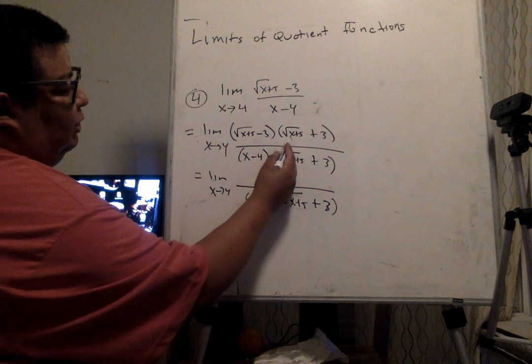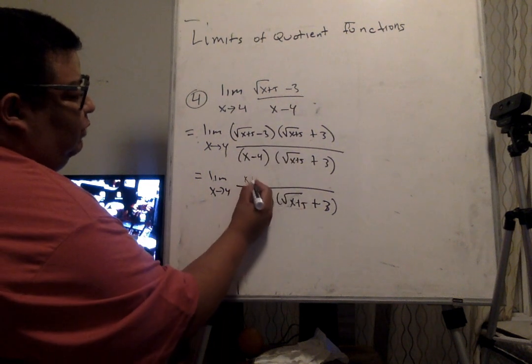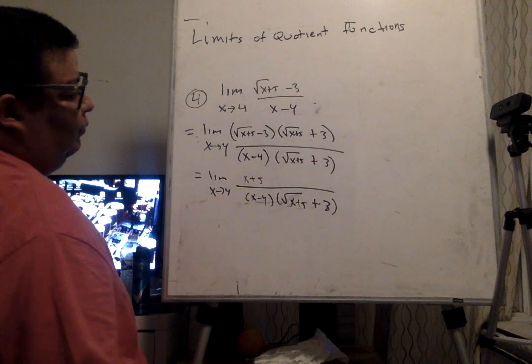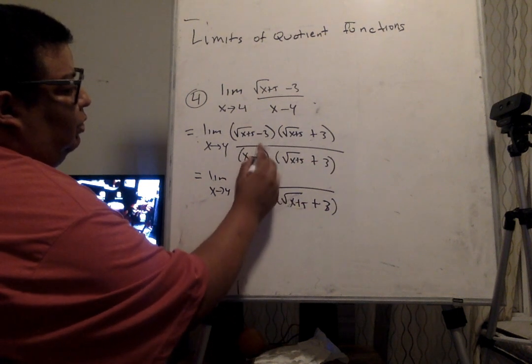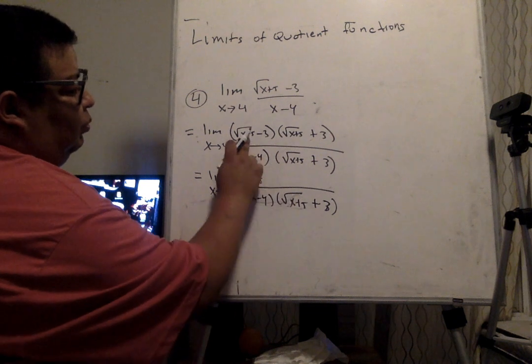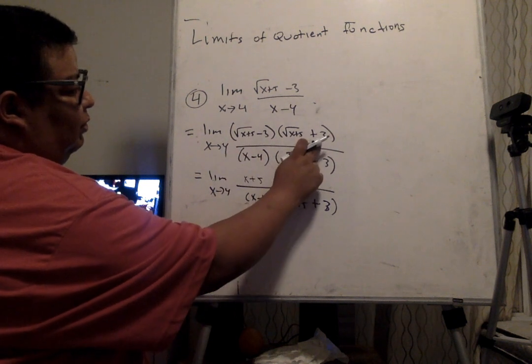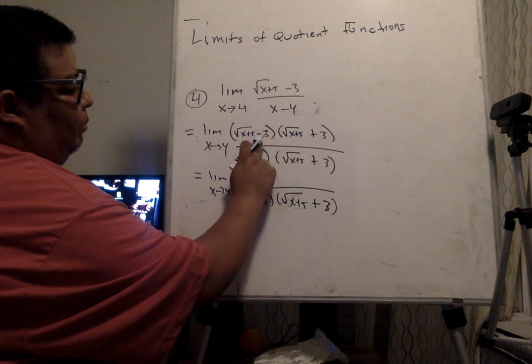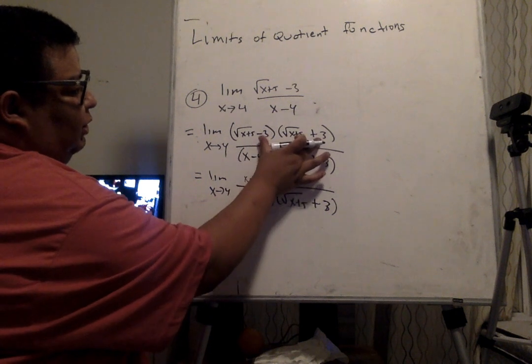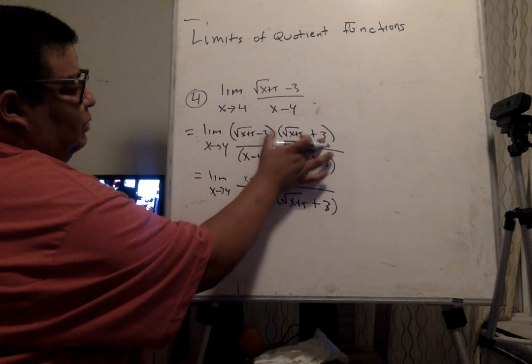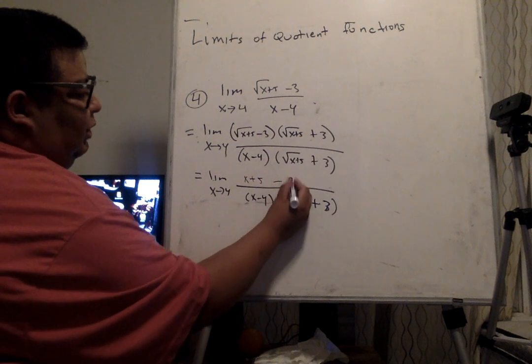So this times this is just x plus 5, and then we multiply this times that minus this times that, that gives you 0, so we're left with only the outside. Negative 3 times 3 is negative 9.